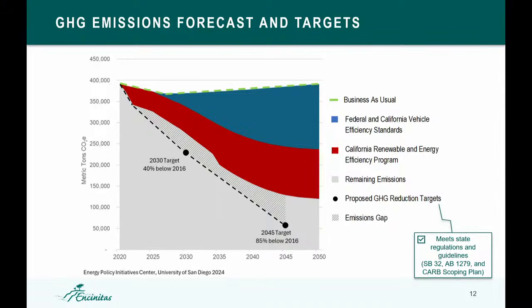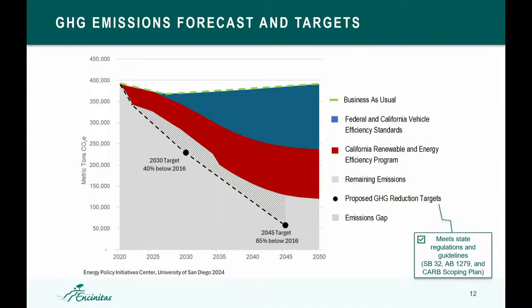And so what is being proposed in this updated climate action plan are 2 new greenhouse gas reduction targets. That's a target for the year 2030 to get 40% below the 2016 inventory emissions by that 2030 date. And then the second target is to reduce emissions by 85% below 2016 emissions by 2045.